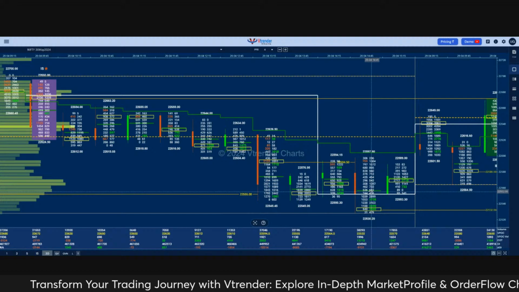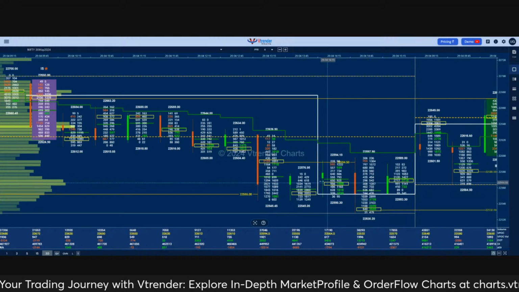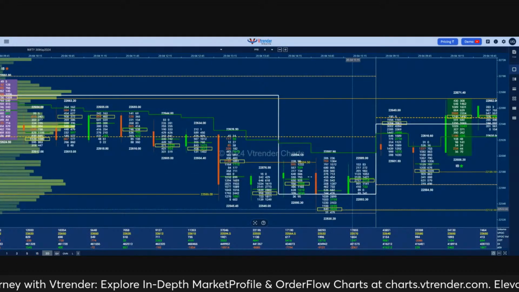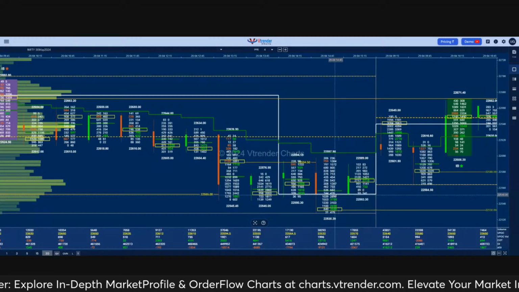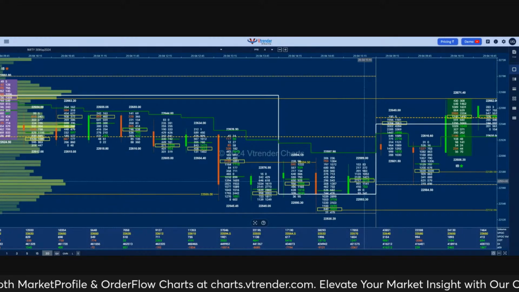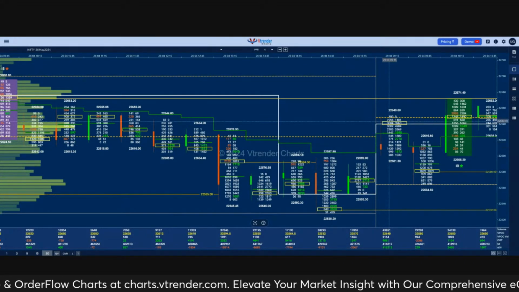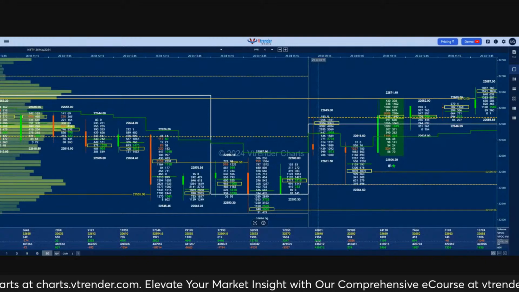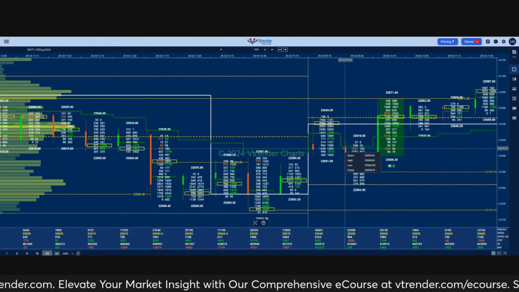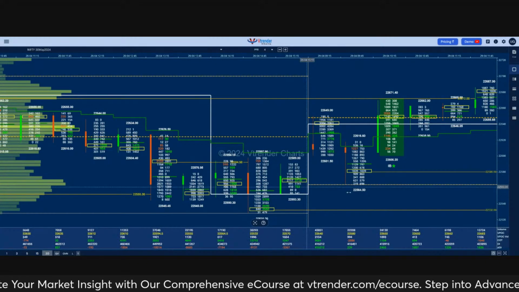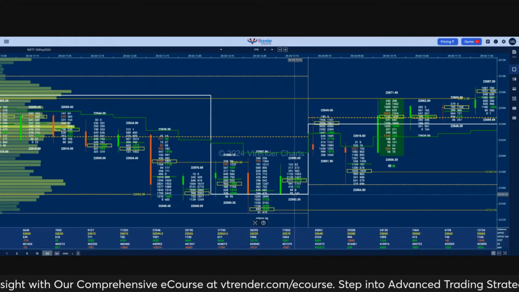So then once this was moved to 22558 on that day, and we remained above this POC, we opened higher, we got more green COT, but we could not sustain and we made a probe lower. This probe lower stopped right above this POC.